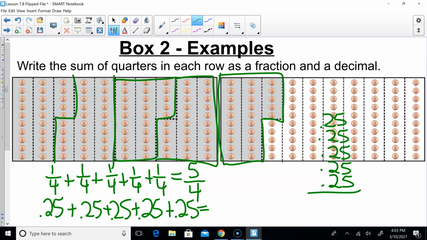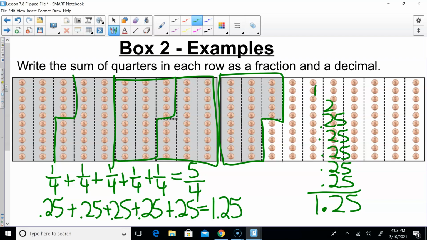Add up all of my 5s: 5, 10, 15, 20, 25. Put the 2 up top because it's 25. 2 plus 2 plus 2 plus 2 plus 2 plus 2 is 12. So I put the 2 here. I carry the 1. I bring the 1 down. I keep my decimal in that same spot. So if I had 5 quarters, I would have $1 full and 25 cents, or I have $1.25.